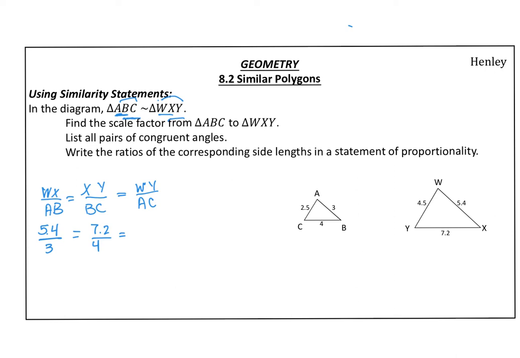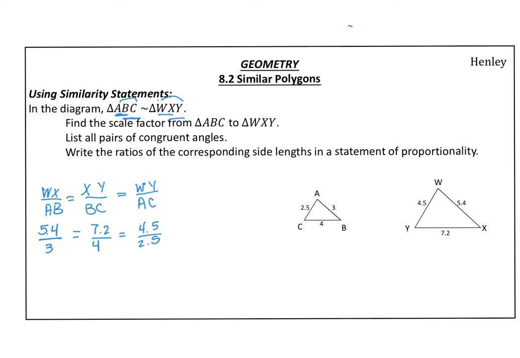Then we have WY, 4.5, and AC, which is 2.5. If you're ever asked to find out if two shapes are proportional, you're going to set them up just like this, and when you simplify the fractions, you're going to find that they all will simplify down to the scale factor. So let's look at these.